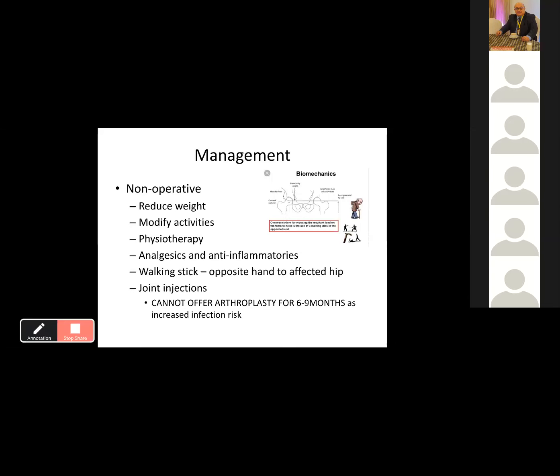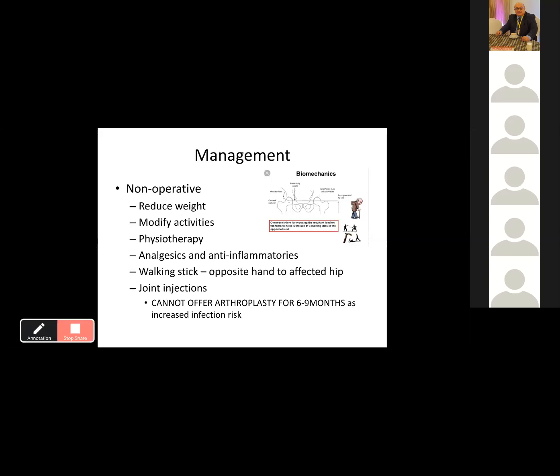What I would say about a joint injection is it should only be used as a diagnostic test. If you think somebody has arthritis because of their symptoms, but their x-rays don't match up, or they've also got concurrent back pain, then you do a joint injection where you put dye in the hip and then just local anesthetic in. It will only last for around 4 hours.